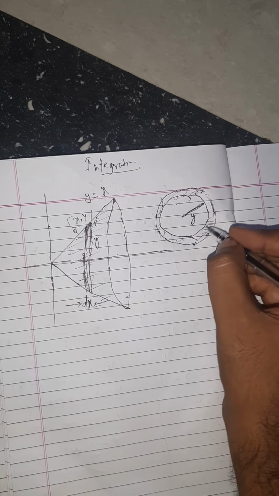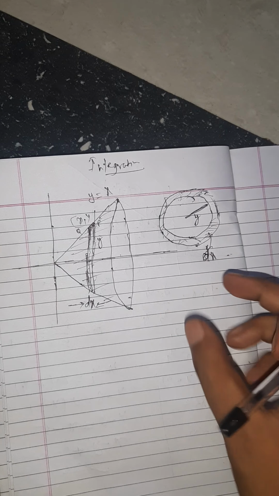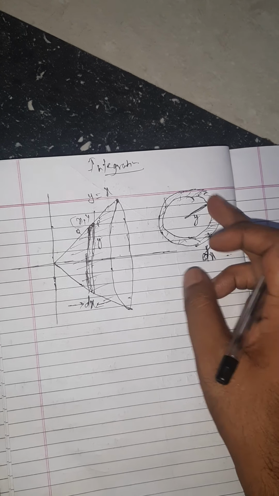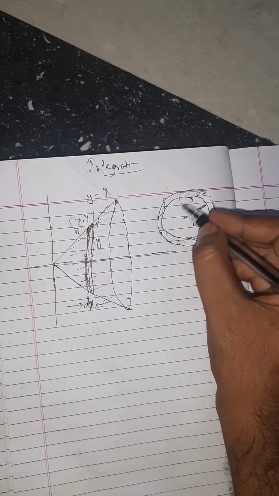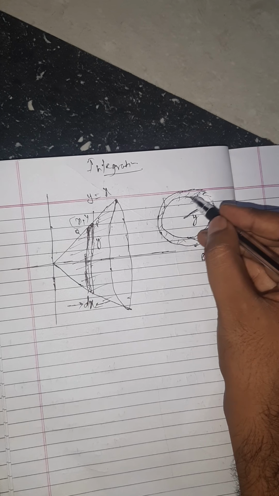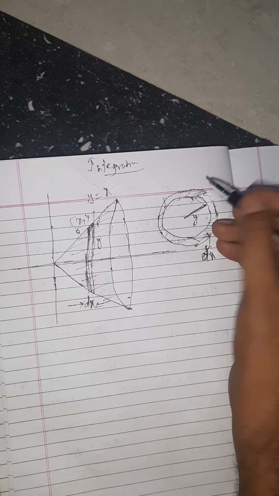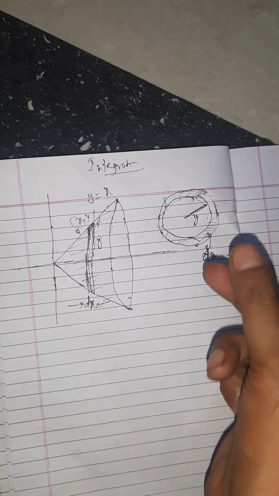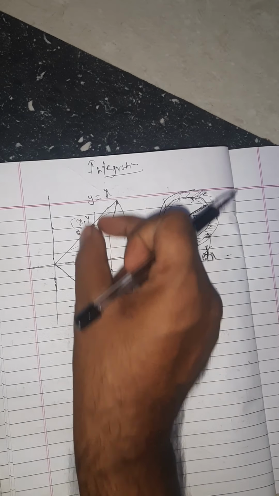This is the width, I am saying this is the width dx. You have to understand, because this is a 3-dimensional figure and I am just making it in a 2-dimensional figure, so don't think that there are two concentric circles. No, the radius is only that, and this is the width which is downward. The thickness is dx.